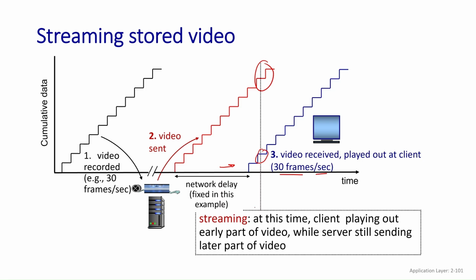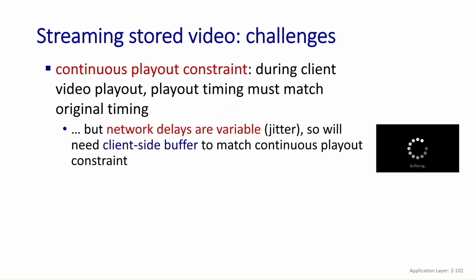At this very time, the client is playing out some early part of the video while the server is still sending the later part of the video. We call it streaming. But nonetheless, this looks like an ideal scenario. But what about the continuous playout constraints?